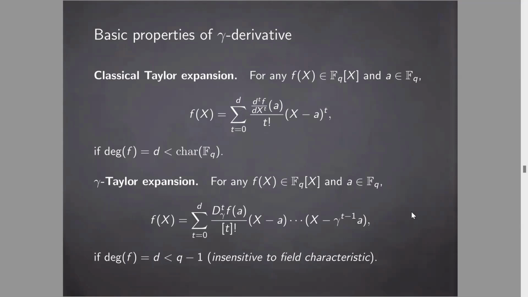And this Taylor expansion is now valid as long as the degree is less than the order of the generator. So the degree d is less than q minus 1. In particular, this Taylor expansion is insensitive to the characteristic of the field. This expansion is valid even if the field has characteristic 2.